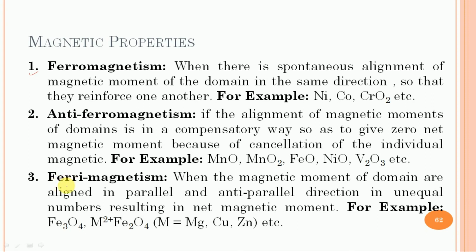The common examples are magnetite, Fe3O4, and ferrites with formula MFe2O4, where M2+ is magnesium, copper, and zinc.